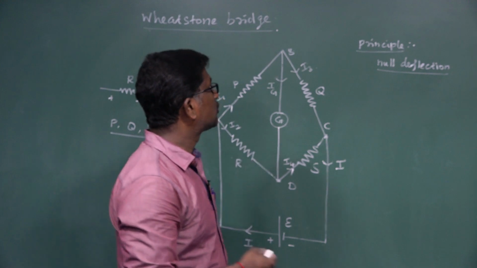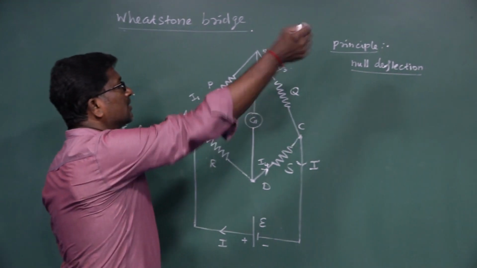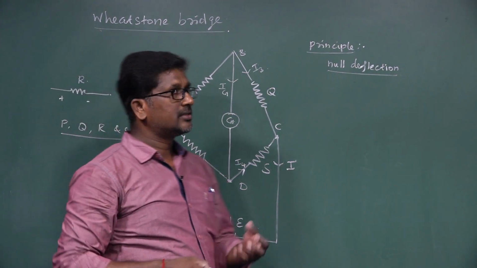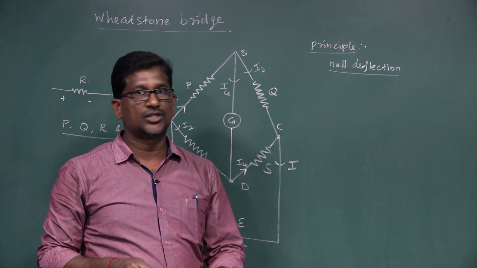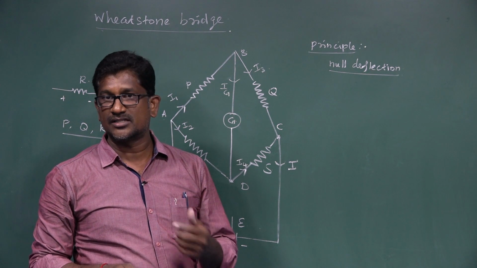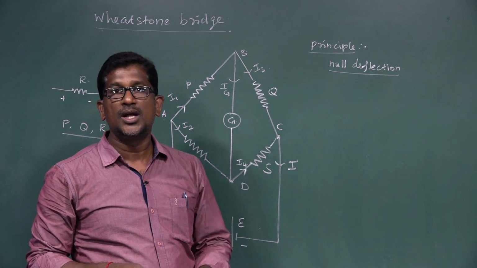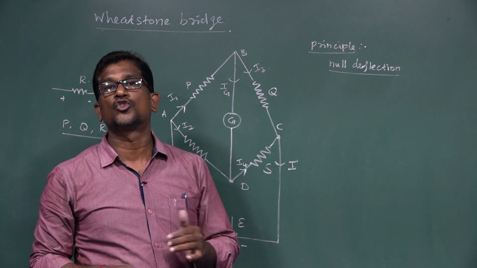Next, we know that there are two Kirchhoff's laws, Kirchhoff's first law and Kirchhoff's second law. Kirchhoff's first law is also called Kirchhoff's current rule, and Kirchhoff's second law is also called the loop rule.